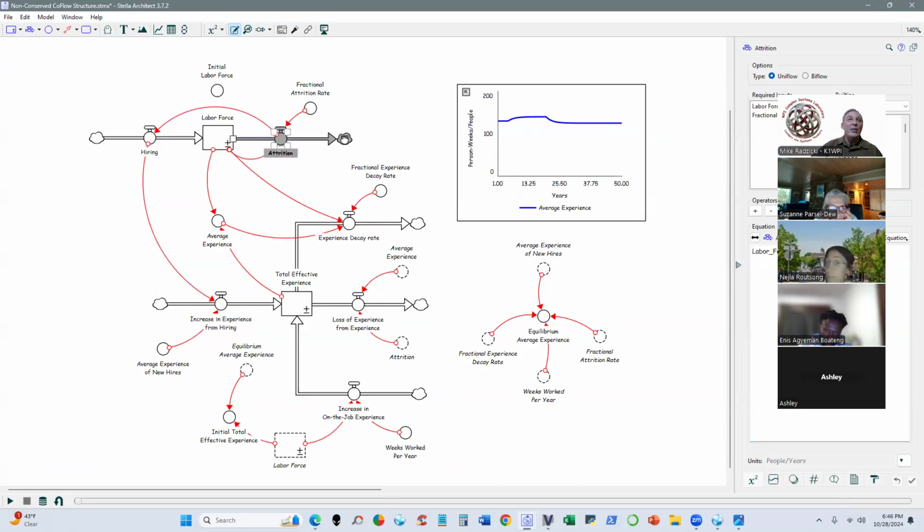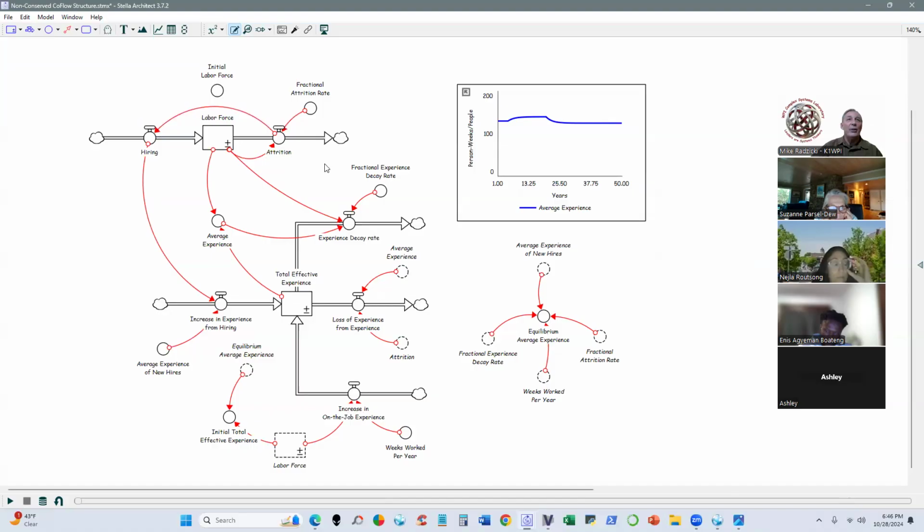I have so many models I've built and been goofing around with, I don't always remember instantly what I did. So in this case, people are being hired into a labor force, or employees, whatever you want to call it. And there's attrition. Some people retire, they're dismissed, they go on maternity leave, whatever. There's just some fraction of these folks that go away.